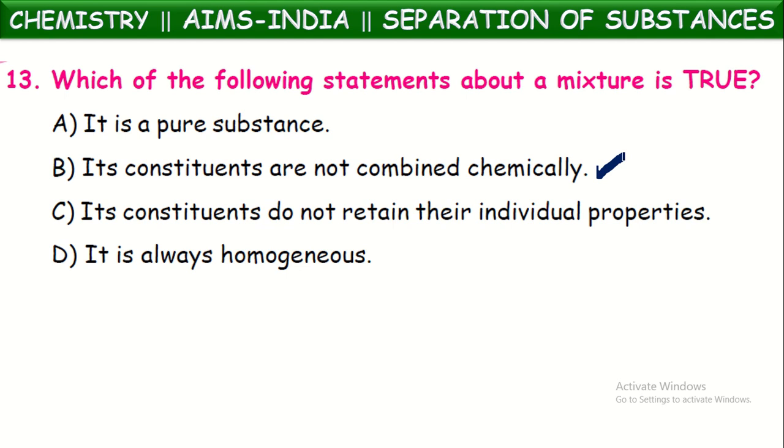That is the correct statement. And its constituents do not retain their individual properties. That is wrong because their properties are retained after mixing. It is always homogeneous. No, mixtures can be heterogeneous or homogeneous, both kinds are available. So the only correct statement about mixtures is that the constituents are not chemically combined.